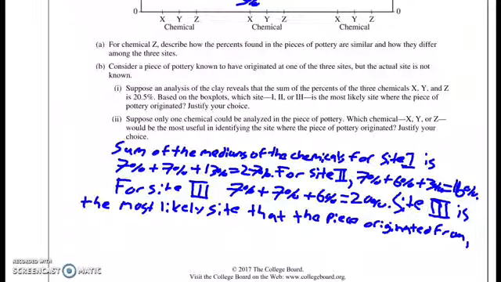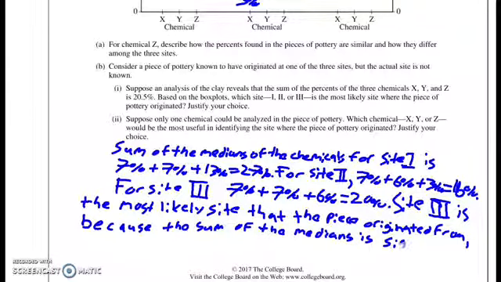And for our justification, we can just say because the sum of the medians is significantly closer to 20.5%. And then we'll just say then either site 1 or site 2.